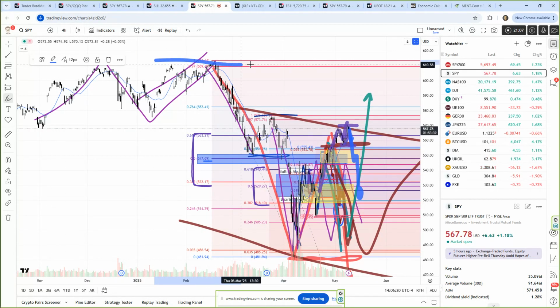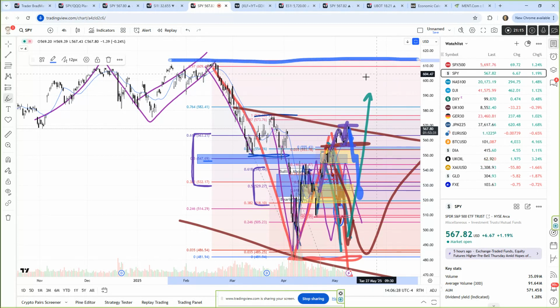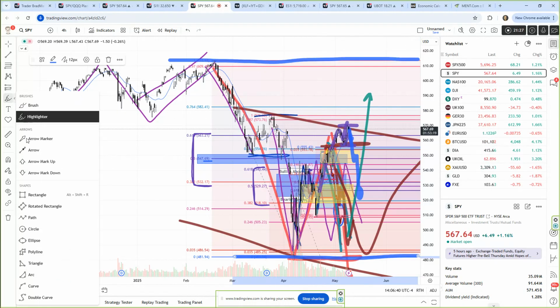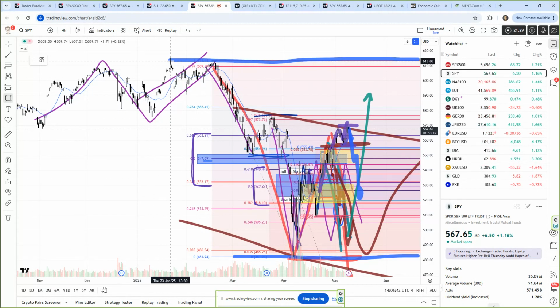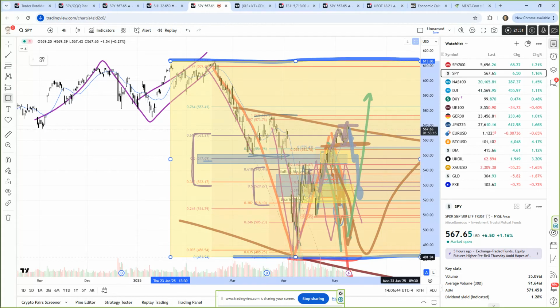And this is the first rule of Fibonacci. Wish I could draw a straight line with this thing. First rule of Fibonacci is ultimate highs and ultimate lows dictate primary long-term trending. Anywhere in this range, and I'm going to highlight this for you, anywhere in this range right here.